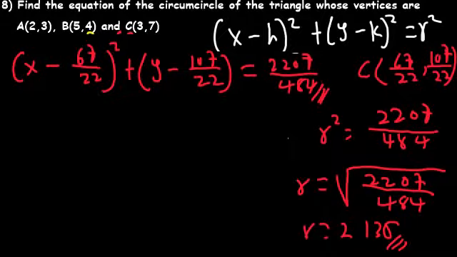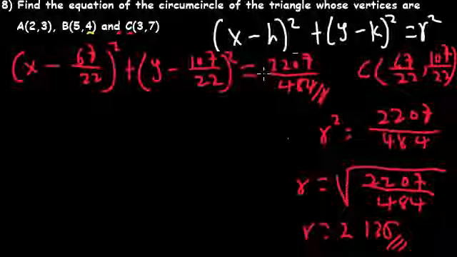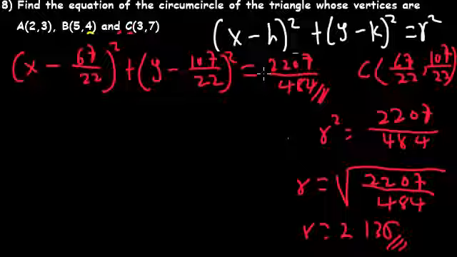Since the question doesn't say we should find it in general form, we can leave our answer this way. However, if you want, you can expand. Don't forget squares here. You can expand and leave it in general form. But this is the equation of the circle, and that is the solution to this problem.